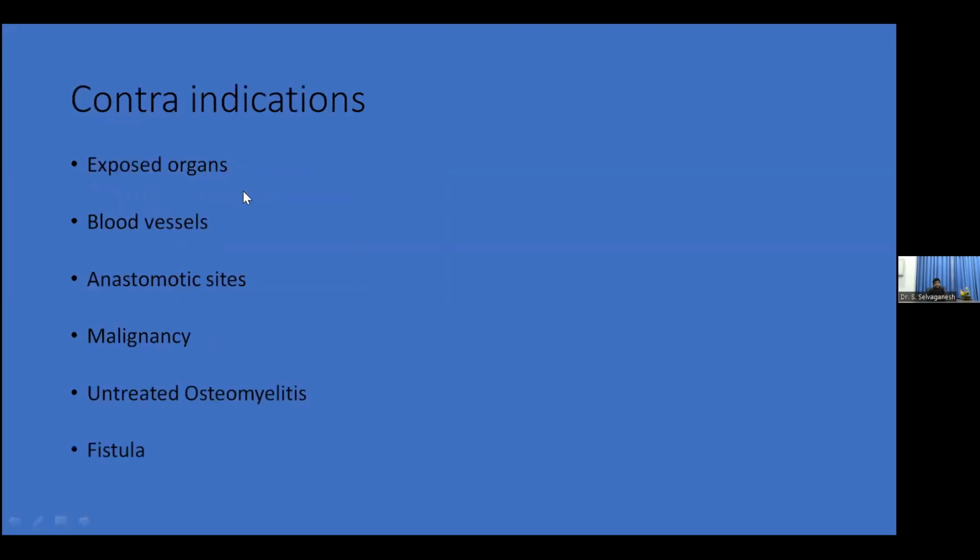Contraindications: if blood vessels or organs are exposed, it's not recommended. Also on anastomotic sites, on malignant and suspicious areas, and with untreated osteomyelitis and fistulas. These are the areas where we don't recommend vacuum negative pressure wound therapy.